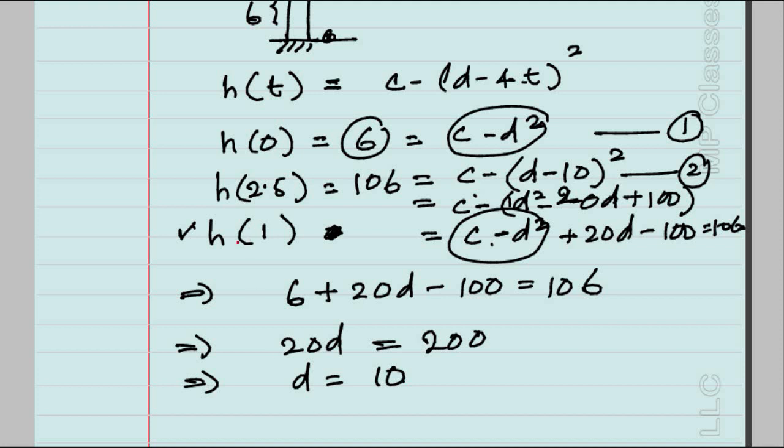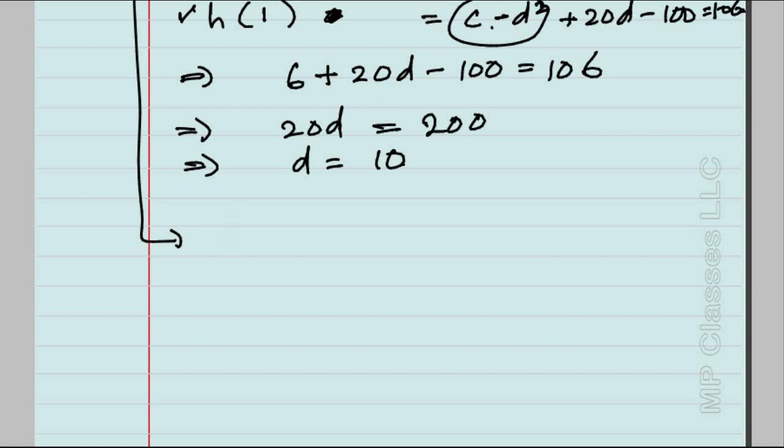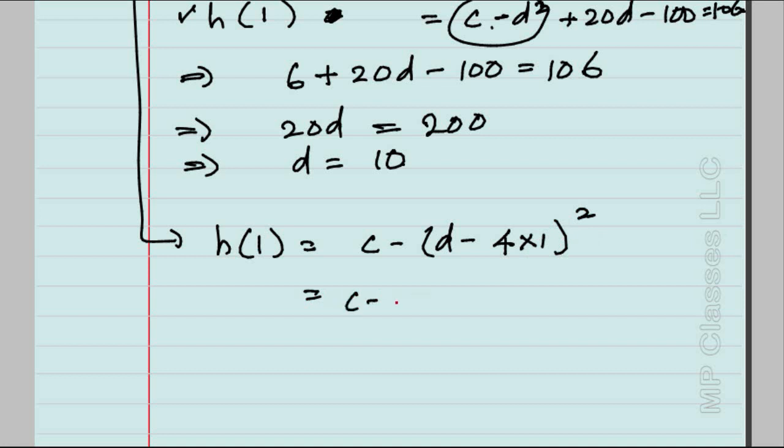Now if we want h1, let's go back to this original equation. So h1 is c minus d minus 4 times 1 square. This is c minus d square minus 4 times d times 8, so that is going to be 8d, because this is minus, there is minus outside, that becomes plus, and 4 square is plus 16, that becomes minus 16.